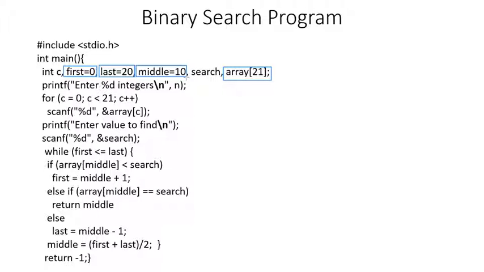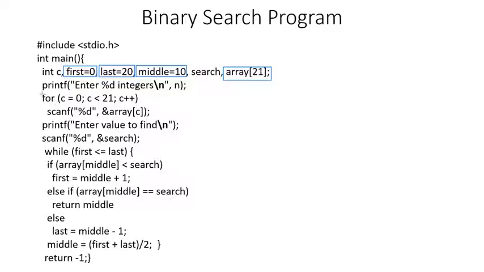In this case, we have fixed it, but you can also take the size n from the user and then compute the first, last, and middle. So in this case, the size of the list is 21. The first element is at index number 0, the last element is at index number 20, and the middle element is at index number 10.